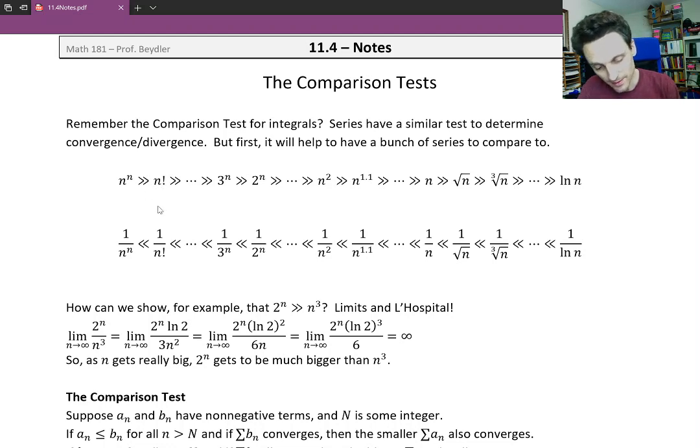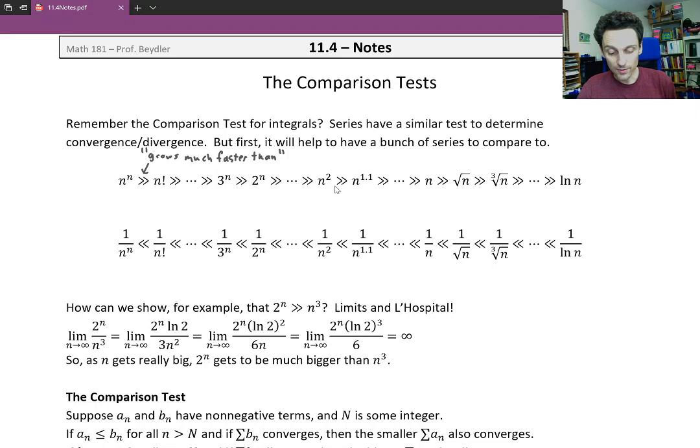So this little greater than symbol, you can read as grows much faster than n factorial, or is just a lot bigger than n factorial when n is large.